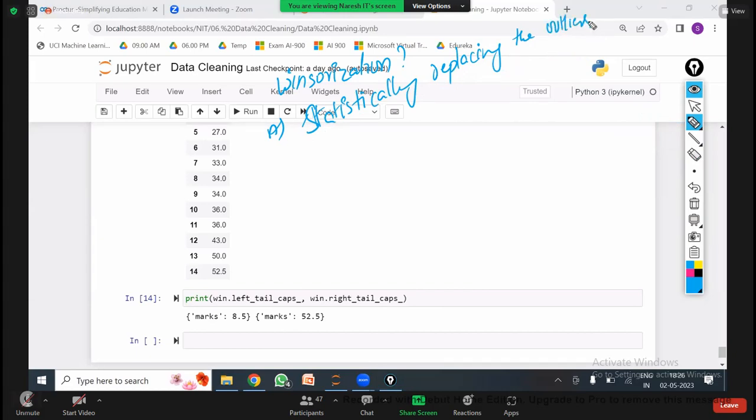If anyone asks in the interview what is meant by Winsorization, it is statistically replacing the outliers. Statistically means using the upper value and lower value.